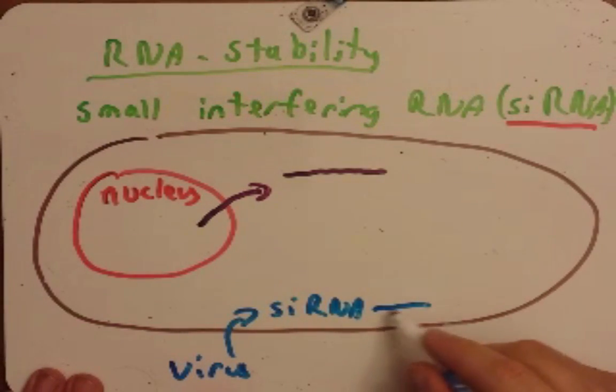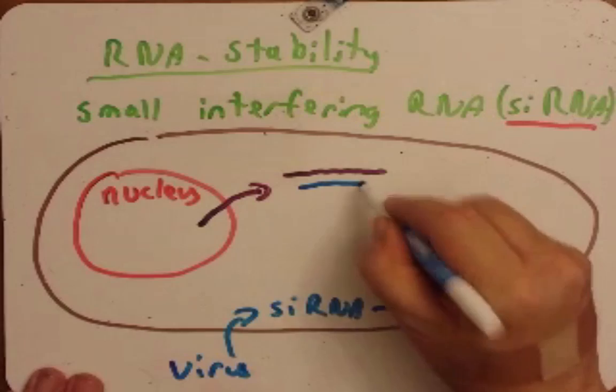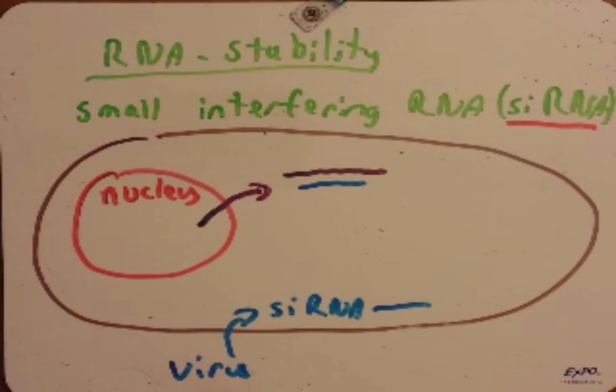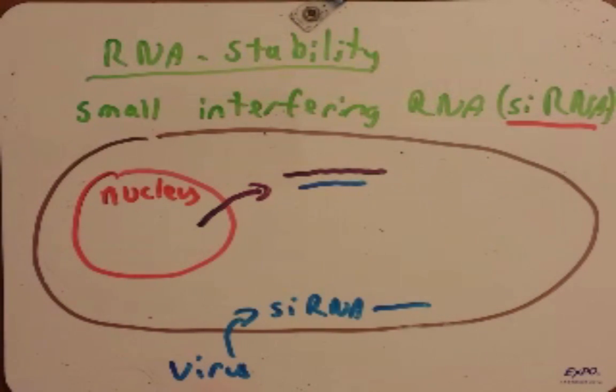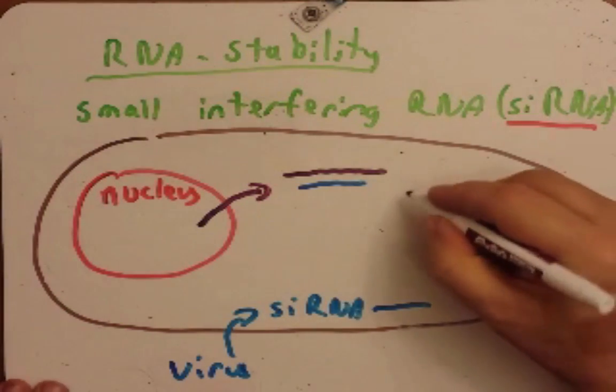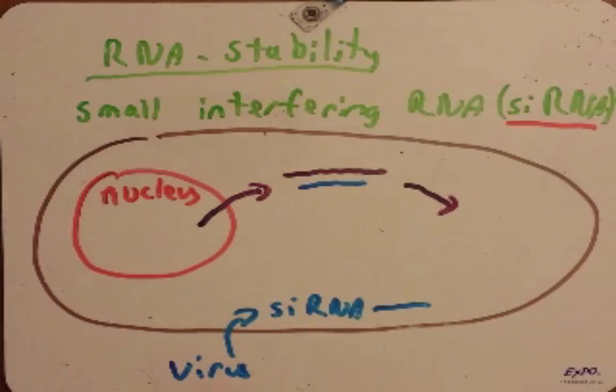What this small interfering RNA can do is bind to the RNA that was just made. This interfering RNA would have to have the reverse complement to it, so it can bind in an anti-parallel manner. I'm going to leave out a few steps here, but ultimately what happens is this messenger RNA will be degraded.